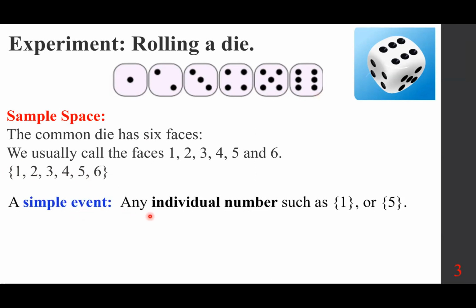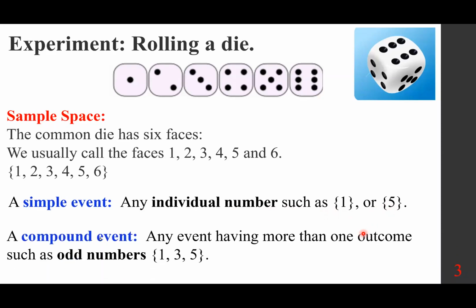A simple event would be any individual number, such as 1, 5, you pick it. A compound event would be any event having more than one outcome. Example, odd numbers would be 1, 3, 5.